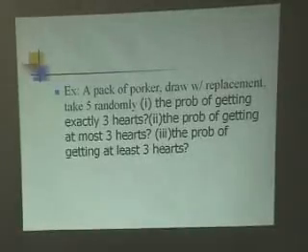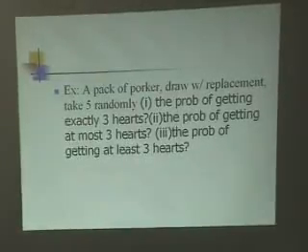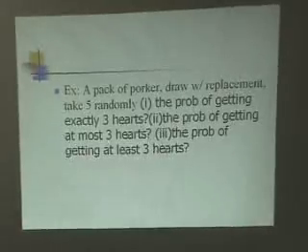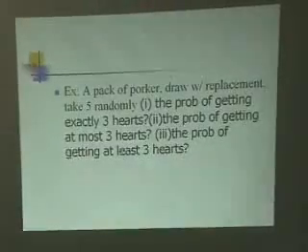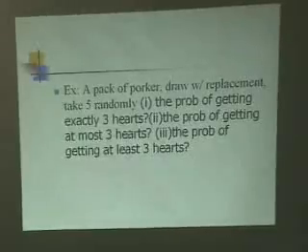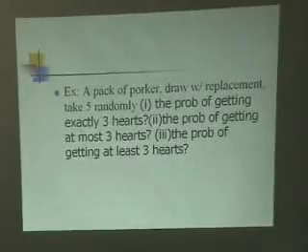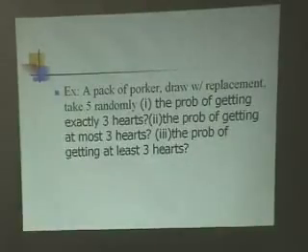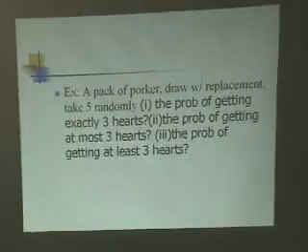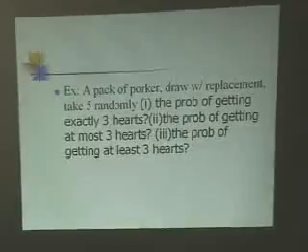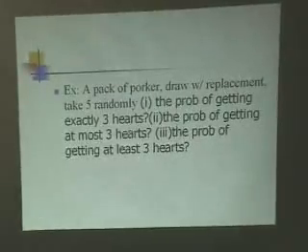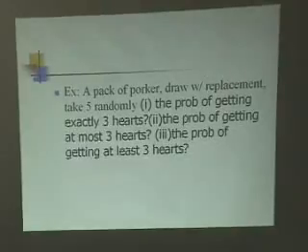But here, what is that? With replacement. So that means each experiment is independent. And how many do you want to take? You want to take 5. So what's the probability of getting exactly 3 hearts? That's the first question. But remember, how many do you get?